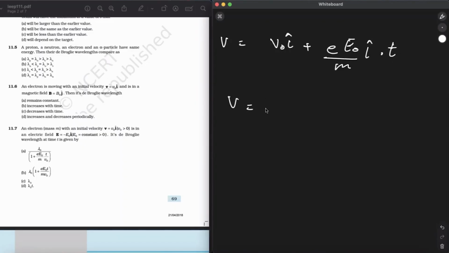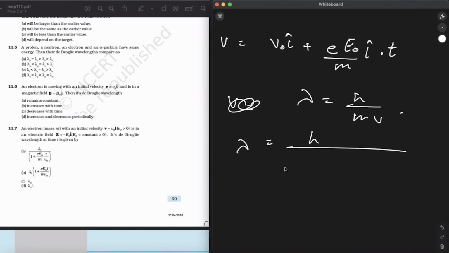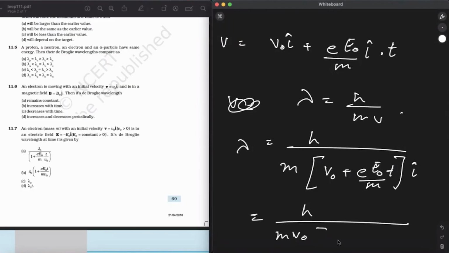Lambda will be h upon mv, which is h upon m times v naught plus e E naught t upon m. Taking v naught common, h upon m v naught is in front, and 1 plus e E naught t upon m v naught remains.